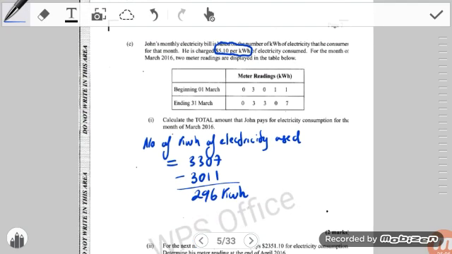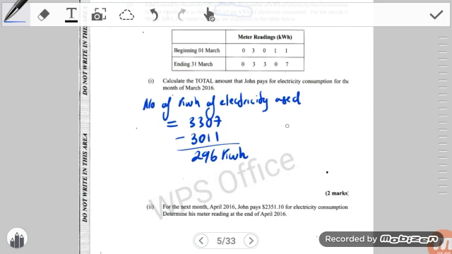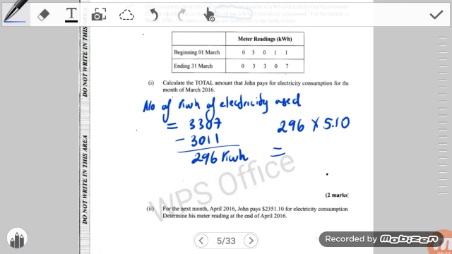So that's going to be 296 kilowatt hours used multiplied by what is charged per kilowatt hour, and that should give us his total bill for that month. So 296 multiplied by 5.10, and that should give us a total bill of $1,509.60. Hope you guys are working with me.